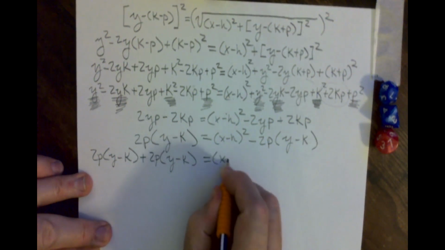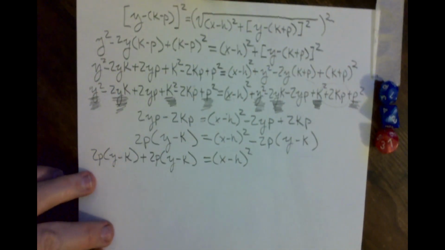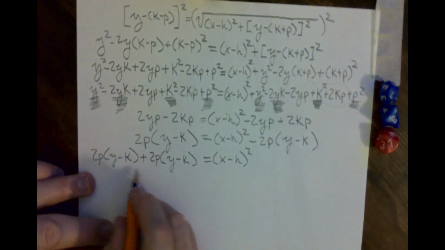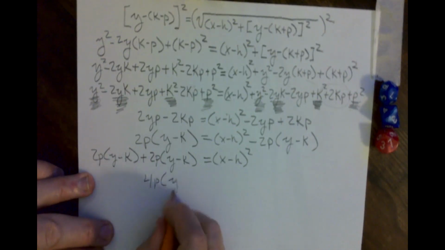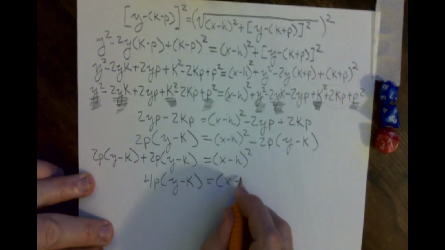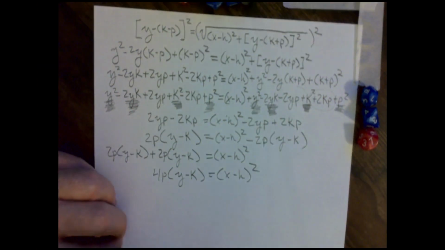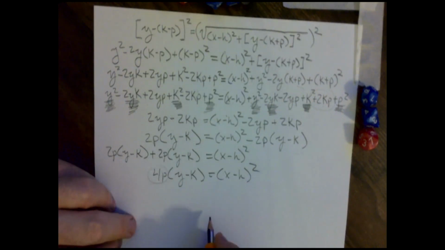Here we have x minus h, quantity squared. And this turns out to be 4p y minus k equals x minus h squared. Now, we multiply by the inverse of this to each side.